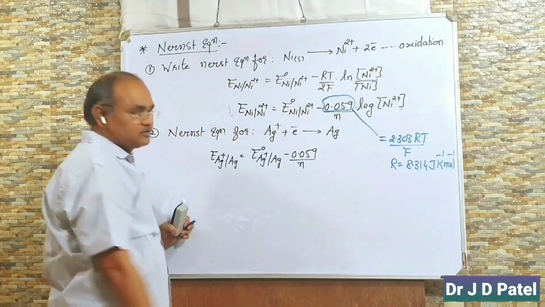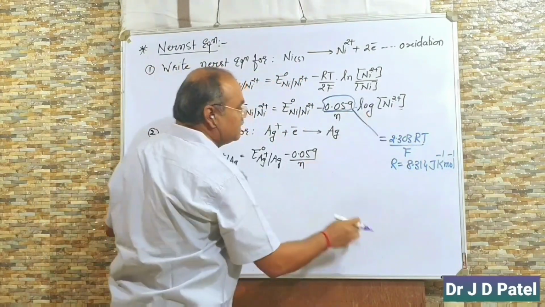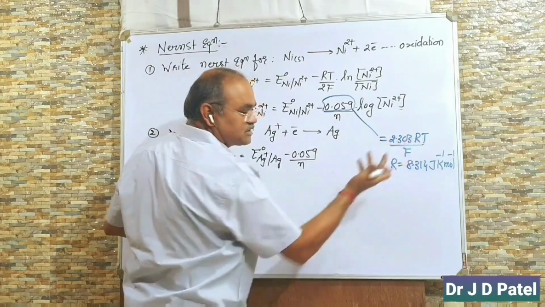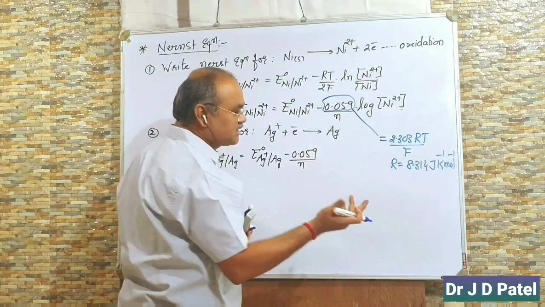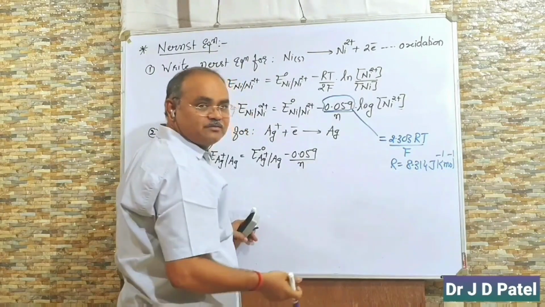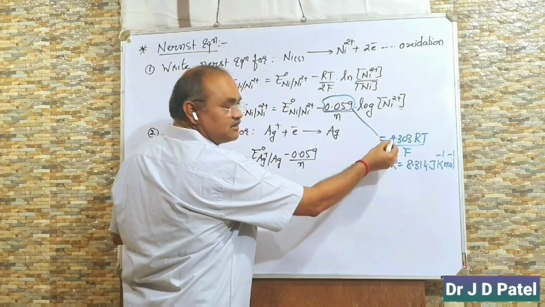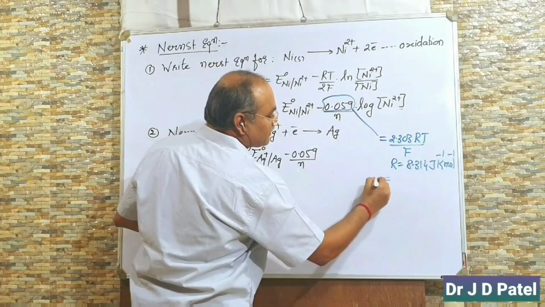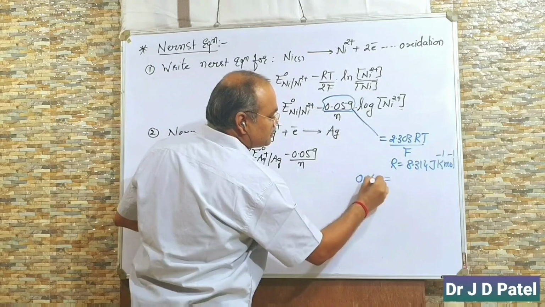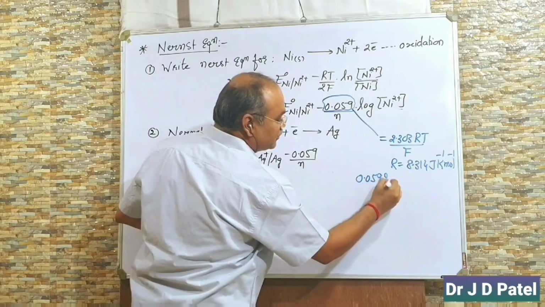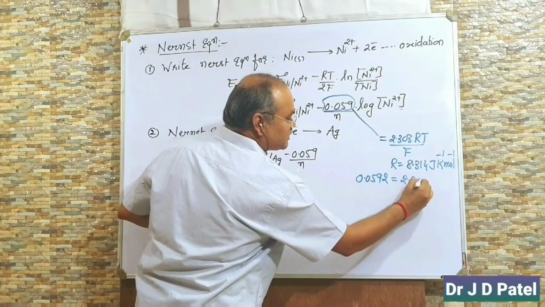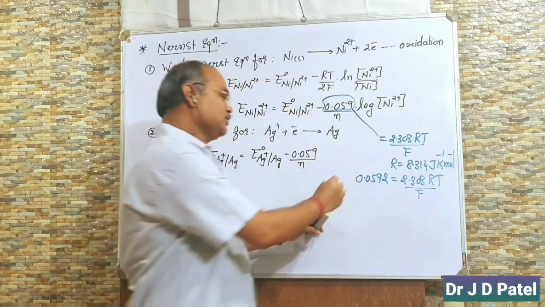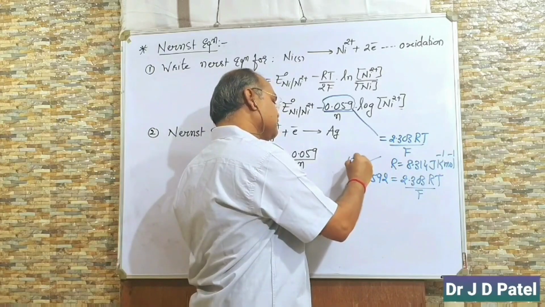If you substitute the value of R as 8.314, temperature 25 degrees Celsius, 298 Kelvin standard, Faraday's constant 96485, and multiply, you will get this value 0.0592, that is 2.303 RT by F. And this question has also been asked in GUJCAT as well as your board examination.